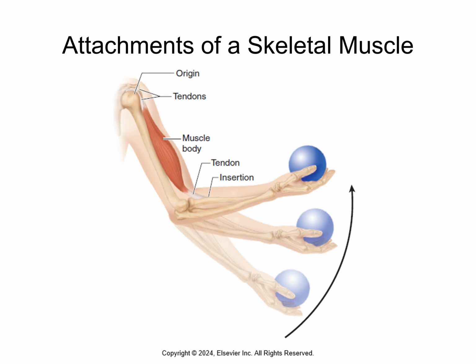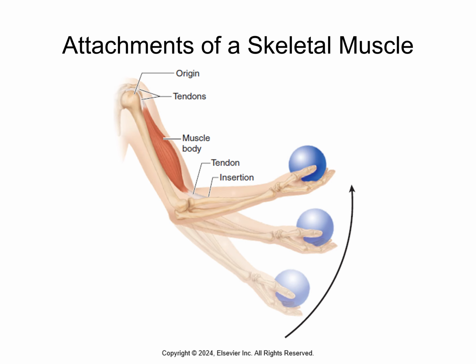So let's take a look. This is exactly what I was talking about, and you see this on your page 225, figure 9-2. Here's the origin. This is your humerus, the long bone of your arm. Here's where the tendon attaches, and here's the body of the muscle. And here's your, we'll say, this is your ulna, not your radius.